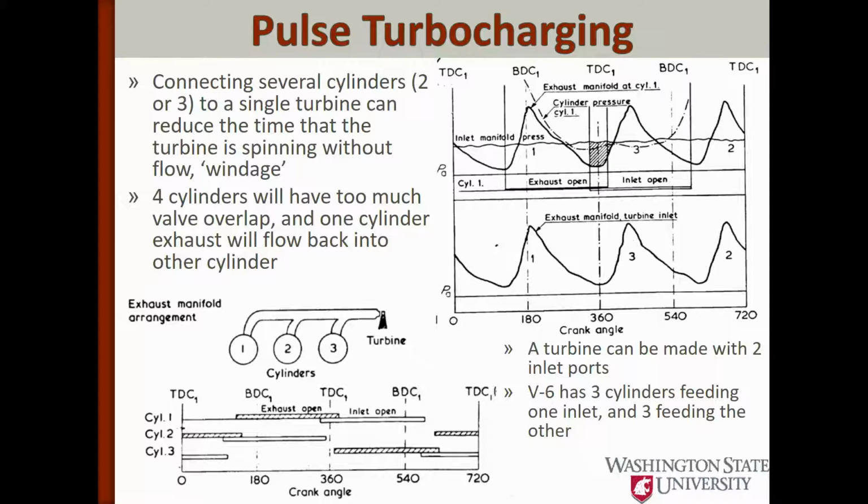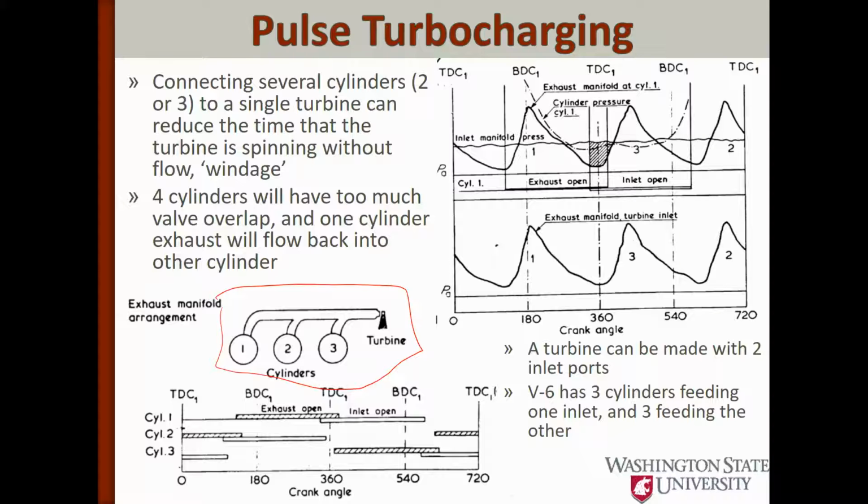So with pulse turbocharging, one of the important things to do is to link up several cylinders to a single turbine, because we don't want to have a turbine for each single cylinder and have that turbine sitting there spinning with no mass flow during the whole power cycle of the engine. So typically 2 or 3 cylinders are connected to a single turbine.